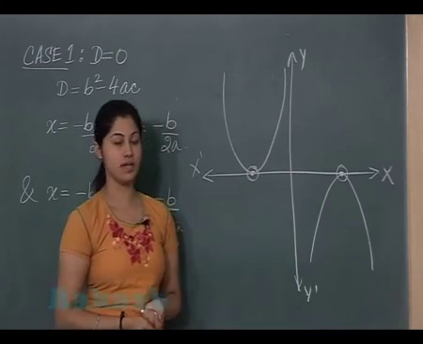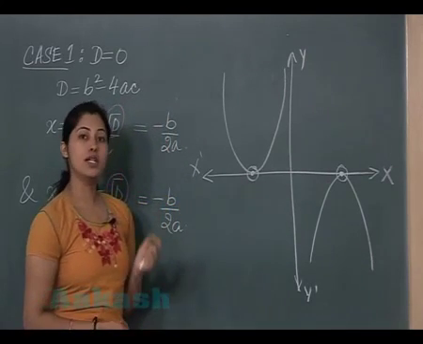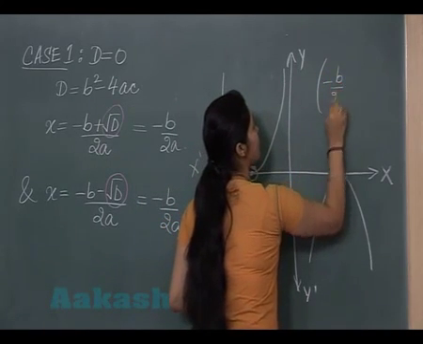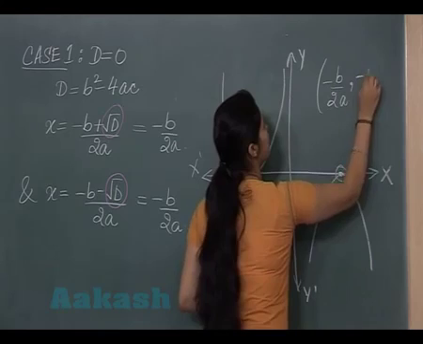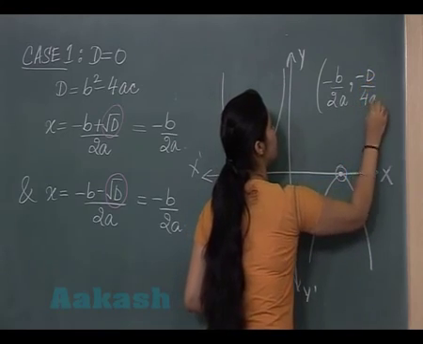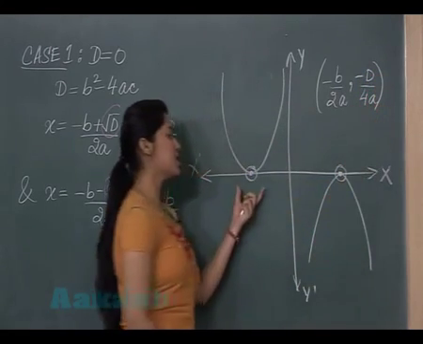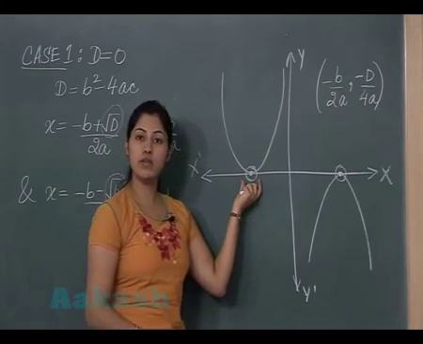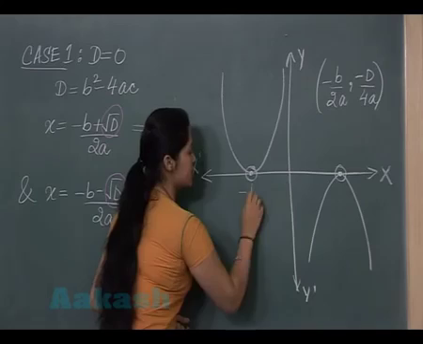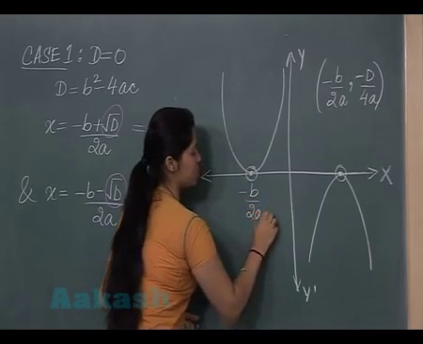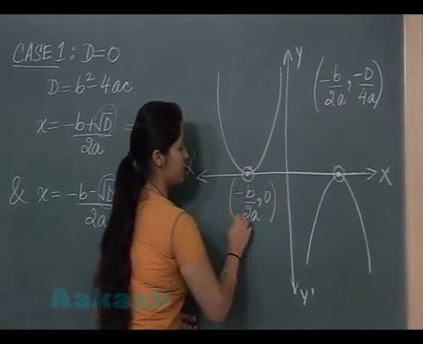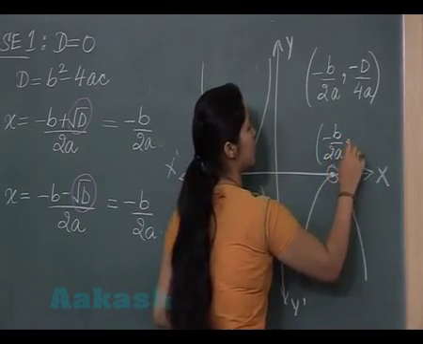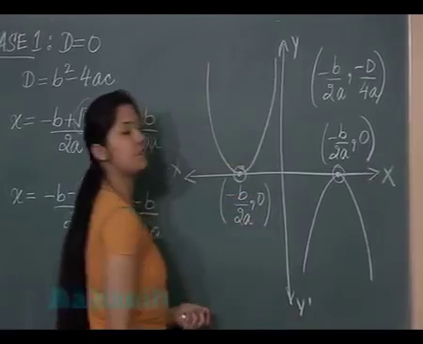So the parabola, which is the graph of the given quadratic equation, touches the x-axis at only one point. Now we know that the vertex of the parabola is given by minus b upon 2a and minus D upon 4a. Since the parabola touches the x-axis at only one point, this point is minus b by 2a comma 0, and similarly this point will be minus b by 2a comma 0.